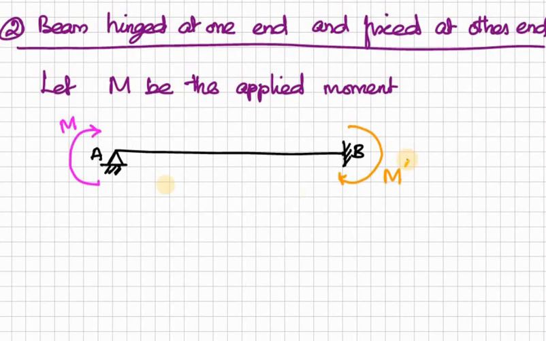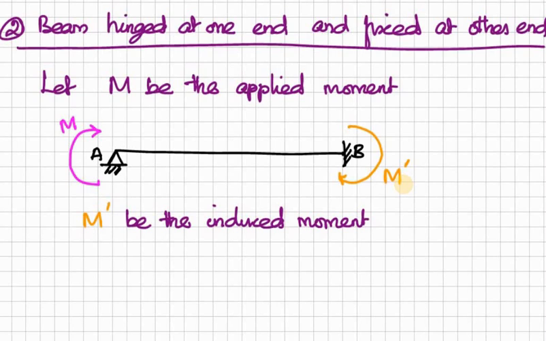See the direction: this is the direction of the applied moment, and M dash is in the same direction. Now there is no span load, therefore fixed end moment is 0 at each support.